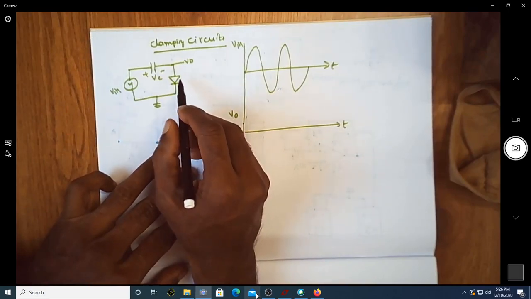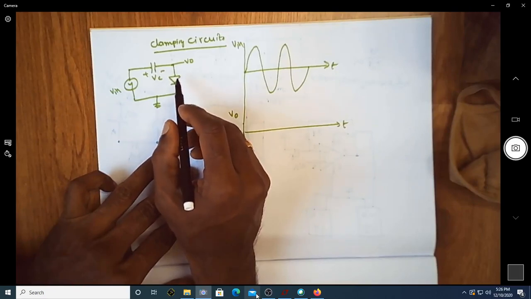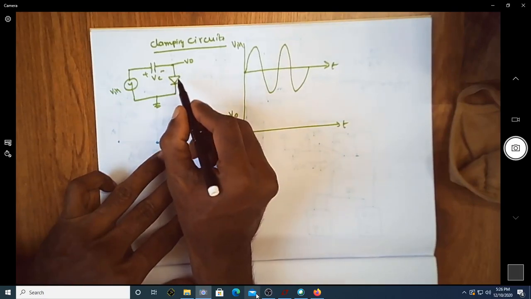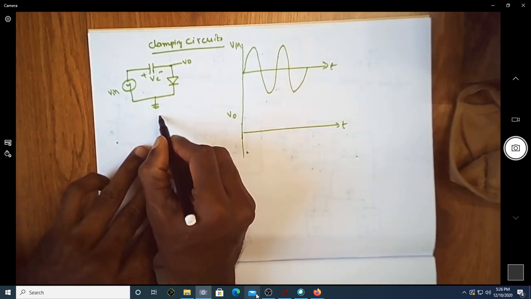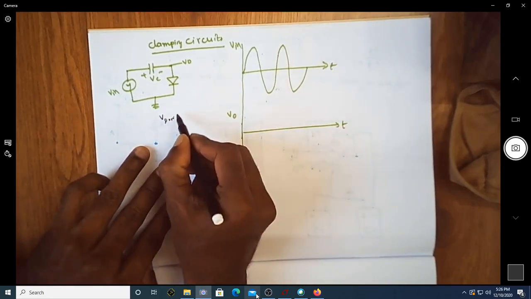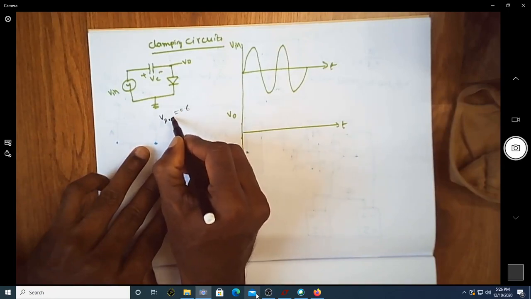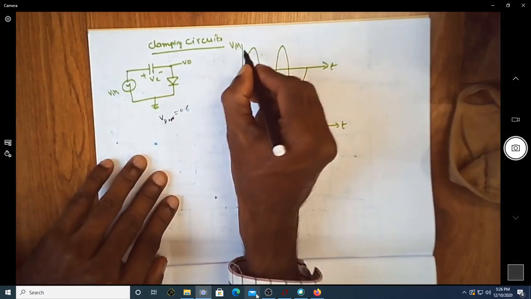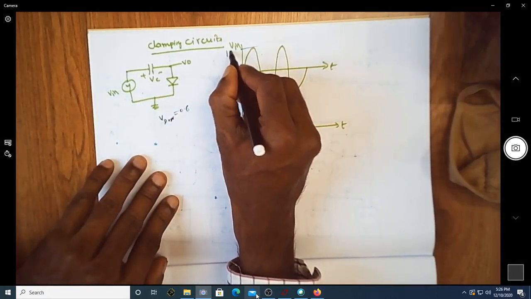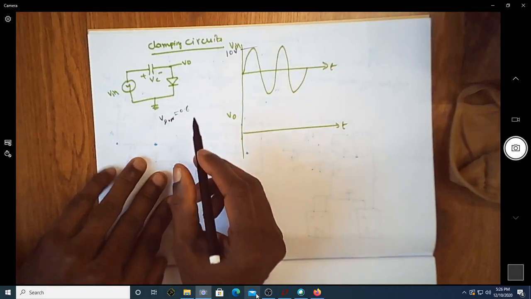This is an ideal circuit where we consider this diode as an ideal one, having no cut-in voltage. If you consider this as a typical diode, let us assume that VD on is around 0.6 volts, the voltage required for turning it on. Suppose there is an input voltage with a 10 volt peak.